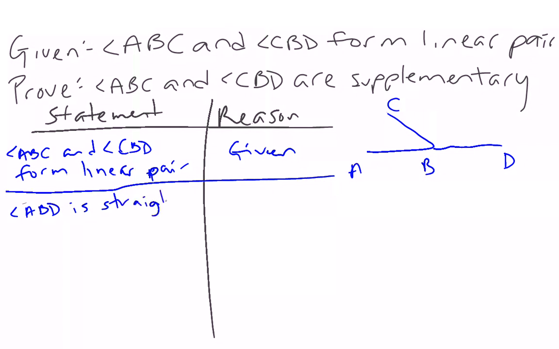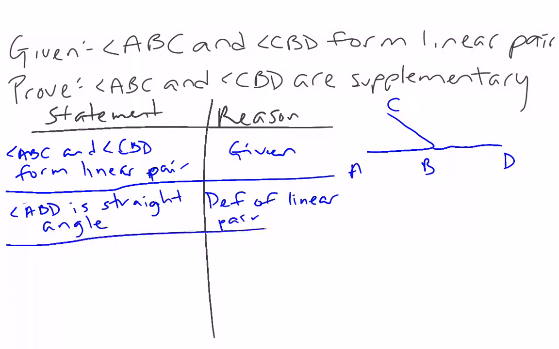And the reason I can say it's a straight angle is that that's the definition of a linear pair. And the definition of a straight angle is that the measure of that angle is 180 degrees.